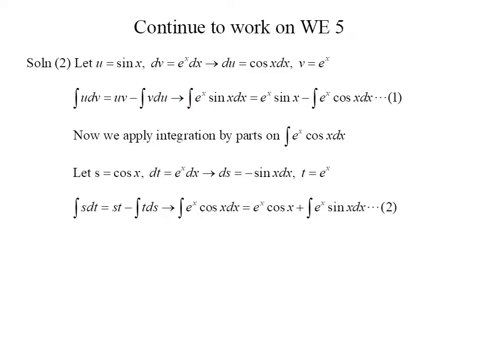Hence, the integral of e^x cos x dx equals e^x cos x plus the integral of e^x sin x dx. After combining equations 1 and 2, we have the integral of e^x sin x dx equals e^x sin x minus (e^x cos x plus the integral of e^x sin x dx).